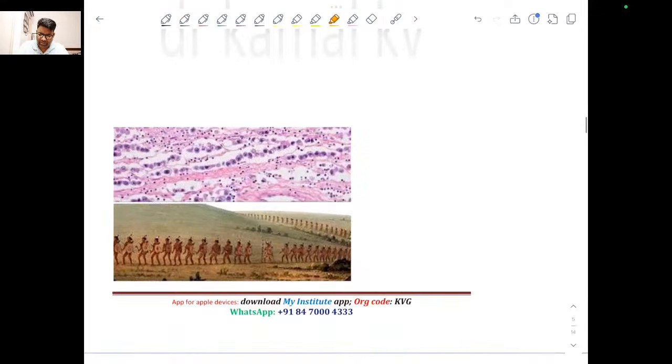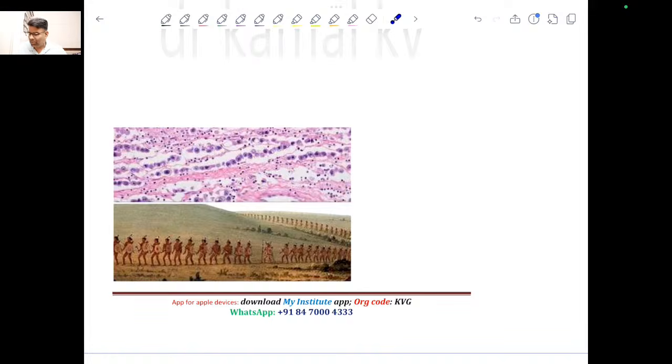Now, let us see what this Indian file or single file pattern is. You can see these are the tumor cells and they are arranged just like soldiers or people walking one behind another. So similarly, this is the arrangement of the tumor cells, something like this, right. So this is known as single file or Indian file pattern.